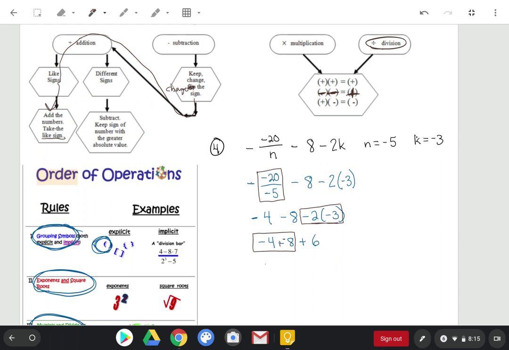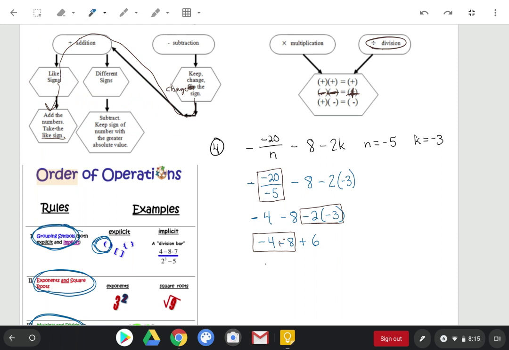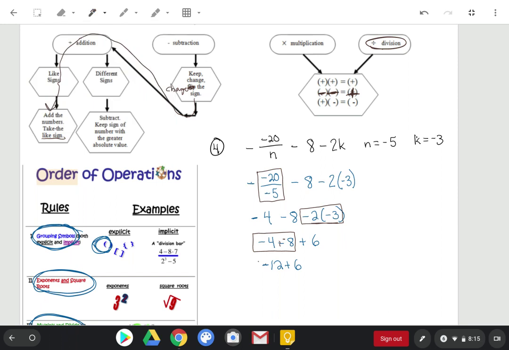So I'm just replacing my box with a negative 12. And then I'm bringing down everything else on the outside of the box, which is a positive 6. Okay, so there is only one thing left to do, and that is negative 12 plus a positive 6.